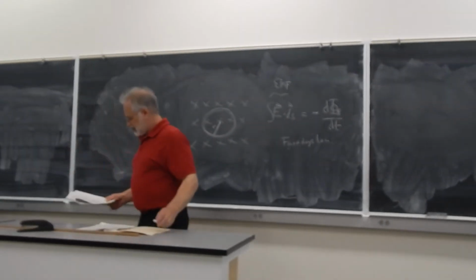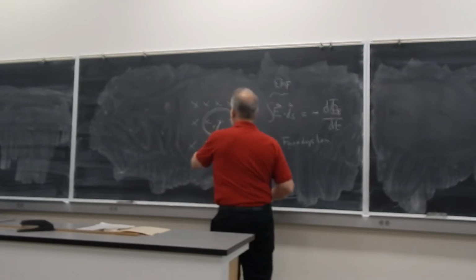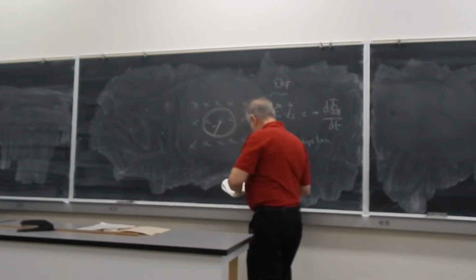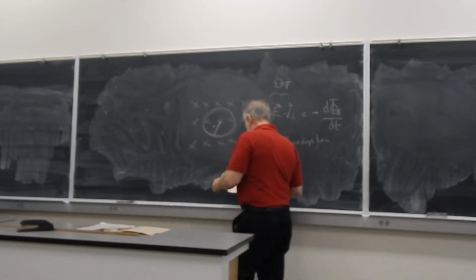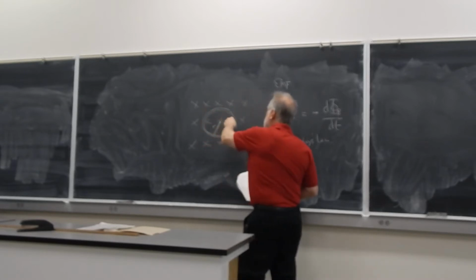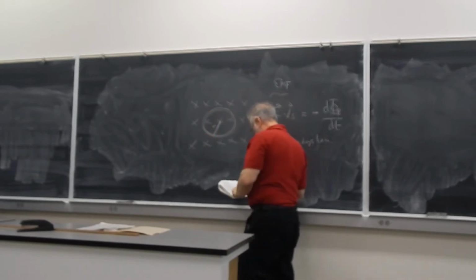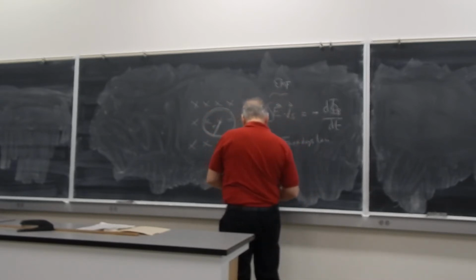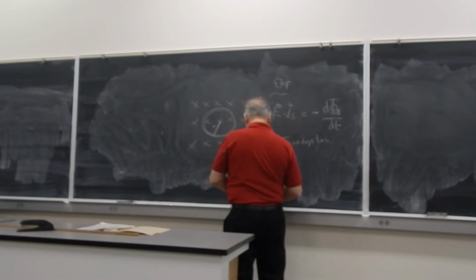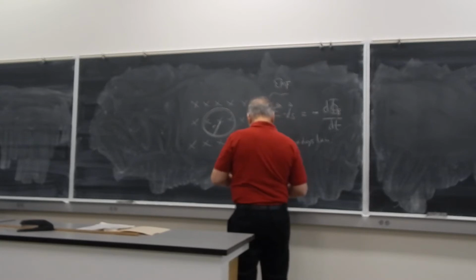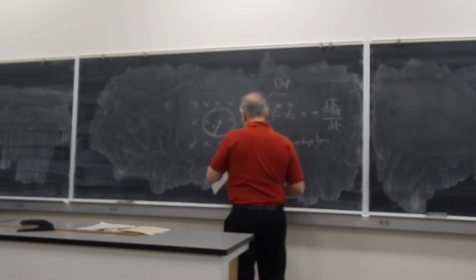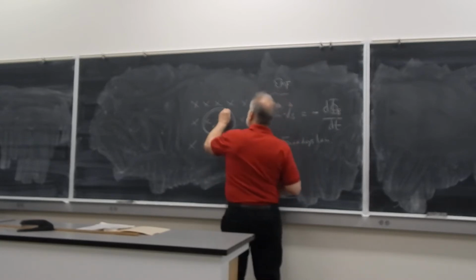Suppose I have a conducting loop like such. It's got a radius r, and I'm putting it in a constant magnetic field going into the blackboard. So I'm going to induce a current. Let's think about this.